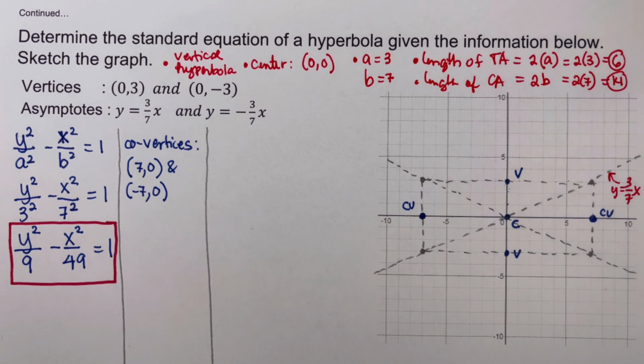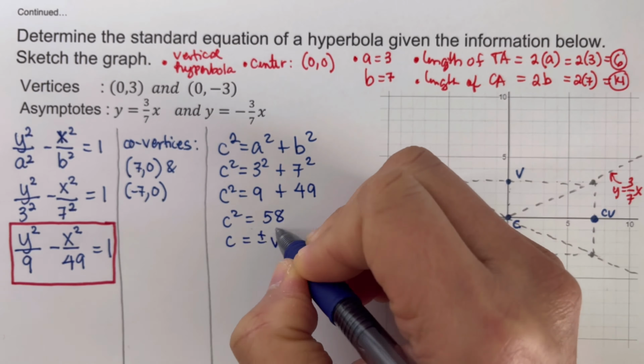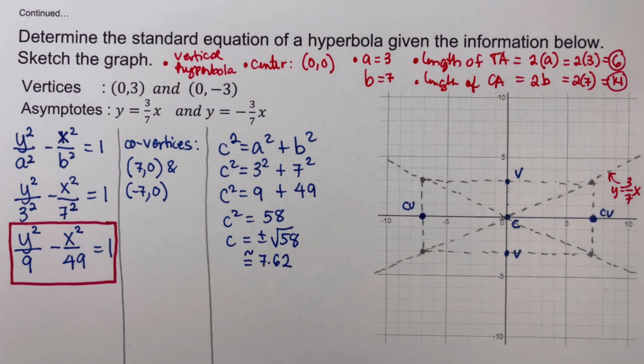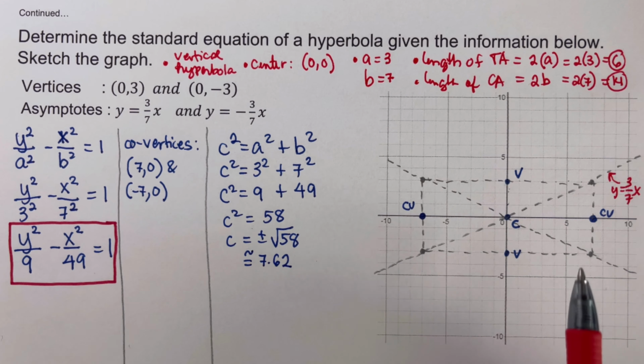Now we're going to determine the location of the two foci. Remember that the focus is located C distance from the center, and so the equation to solve for C is C squared equals A squared plus B squared, and I'm going to go ahead and show that work up here. So our focus is located C distance, since our vertices are vertically located relative to each other.